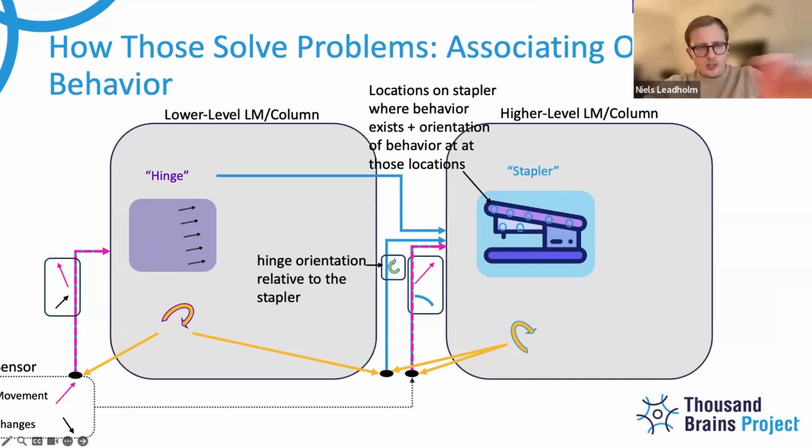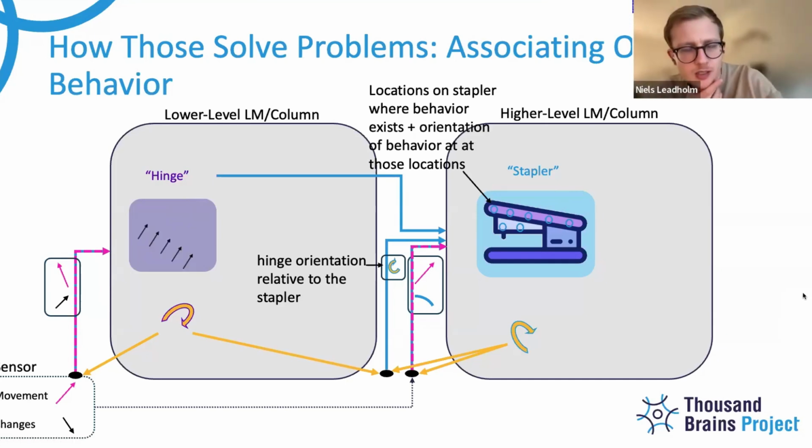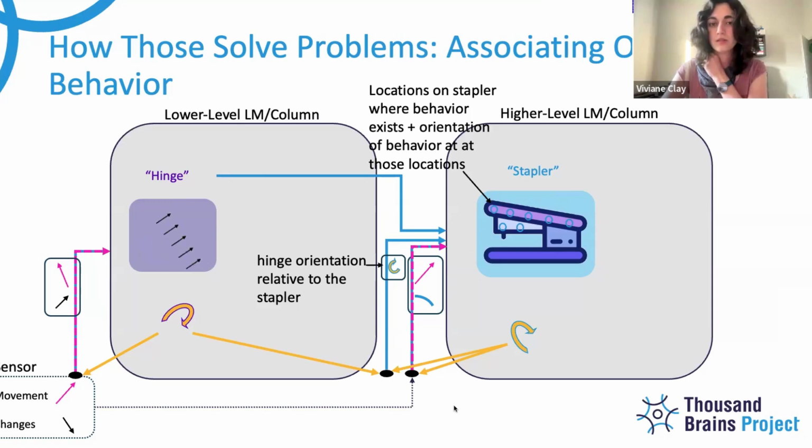Does that make sense? What does this model give? Because the other thing we've discussed is the reverse, where the behavior model exists at the higher level and the morphological model is at the lower level. That way around, I was proposing as a solution for predicting morphology, but this way around is for assigning behaviors to objects.